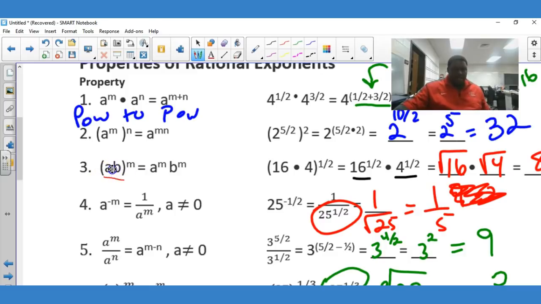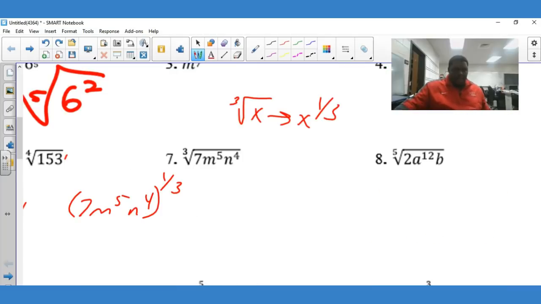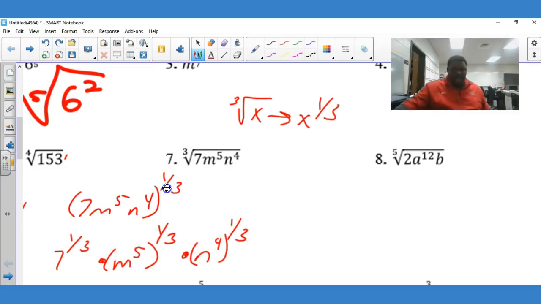Just like in that problem, the exponent is distributed to everything in the parentheses. So right here, we're going to distribute the 1/3 to everything here. So you get 7 to the 1/3 times m to the 5th to the 1/3 times n to the 4th to the 1/3. Everything gets the 1/3. Everything gets that power.